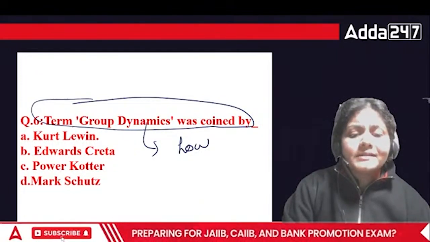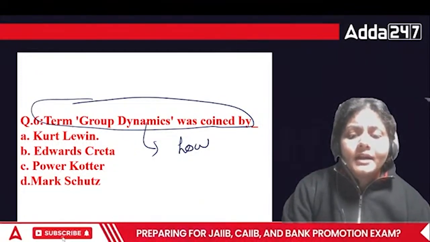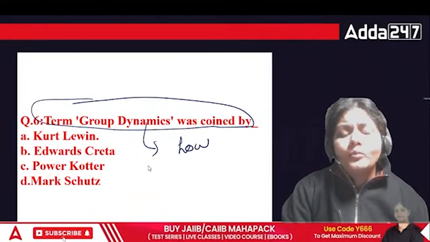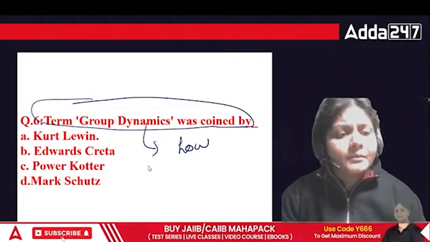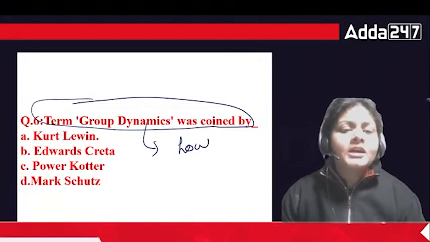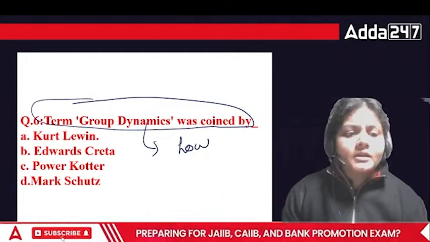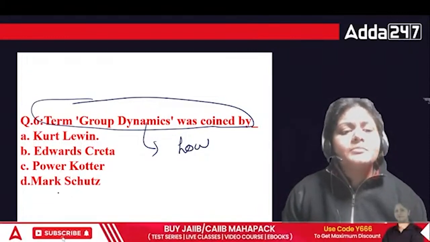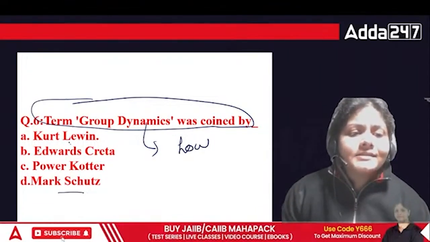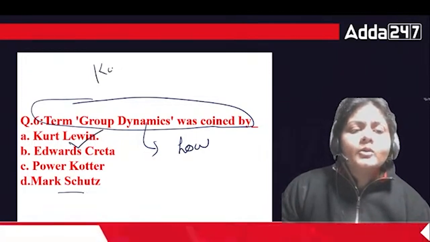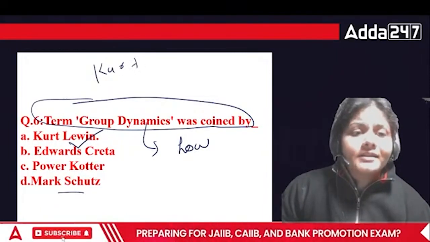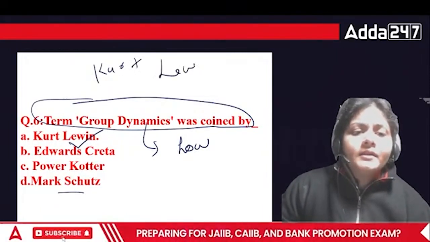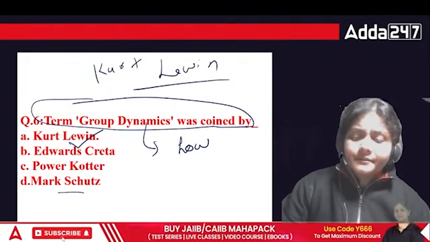It is basically your interaction in the group, how comfortable team members are with each other. And this term is coined by option A Kurt Lewin, B Krita, C Power Cotter, and D is Mark Schultz. So the right answer is Kurt Lewin. Kurt Lewin in 1860 gave this term, group dynamic, right?